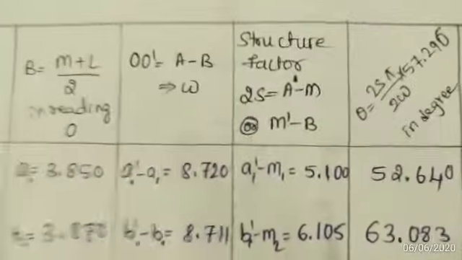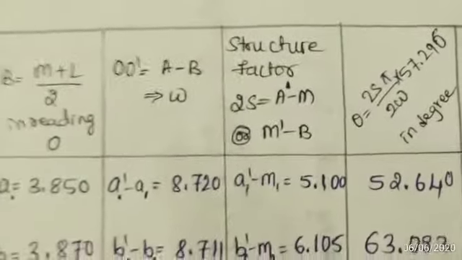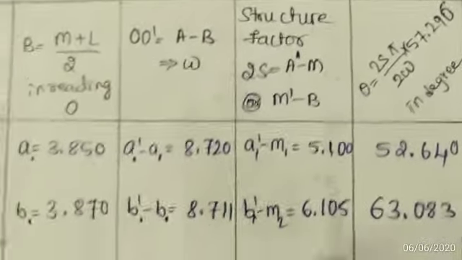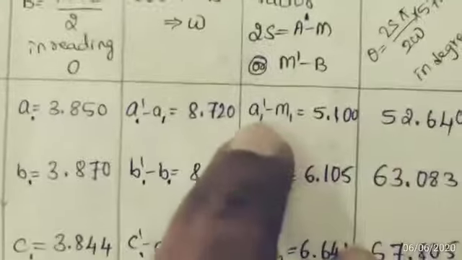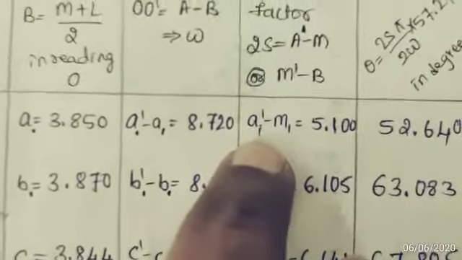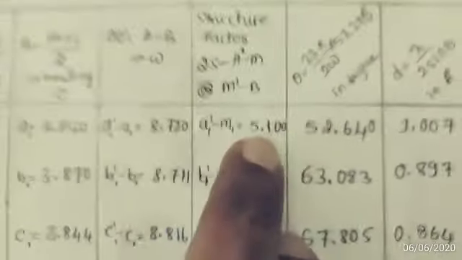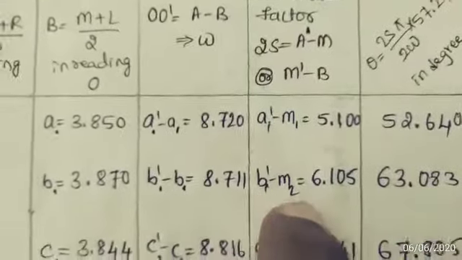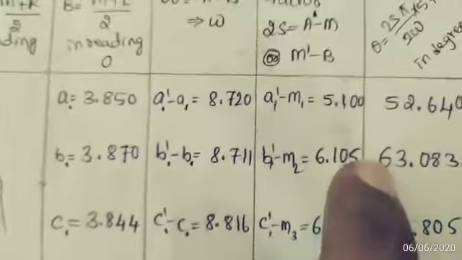Next, calculate structure factor, that is 2S is equal to A dash minus M or M dash minus A. First, I calculated A1 dash minus M1 is equal to 5.1. B1 dash minus M2 is equal to 6.105.